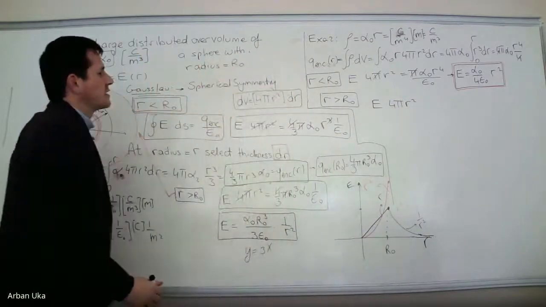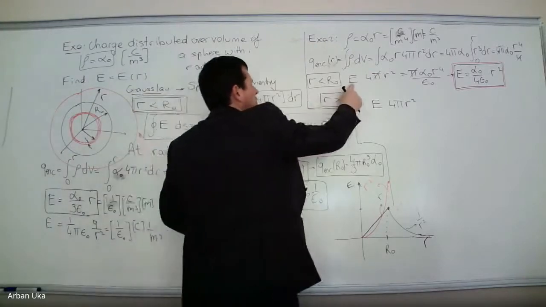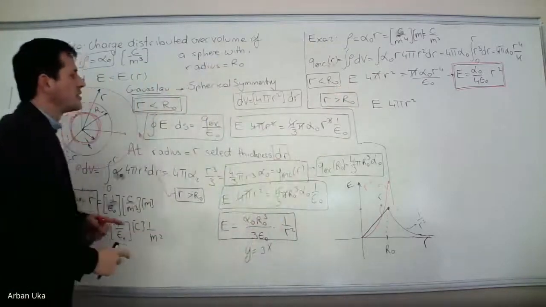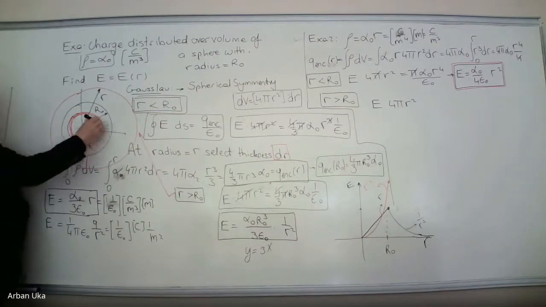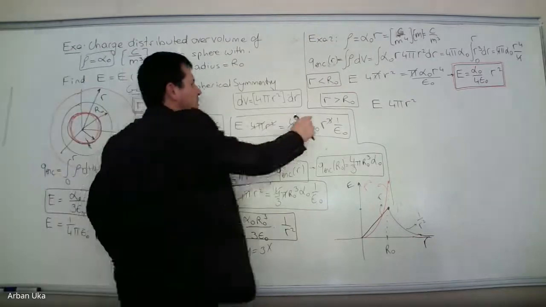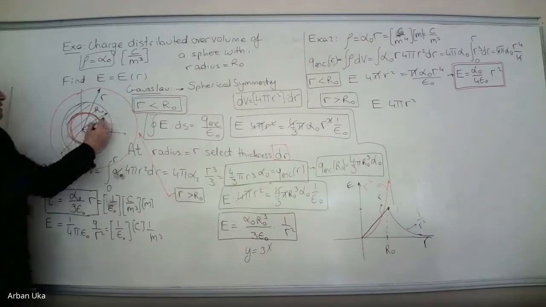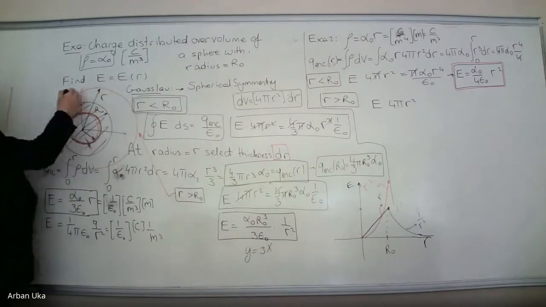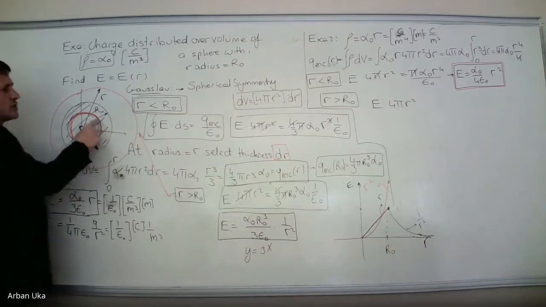But now, let's also remind for a moment, when we do this, the Gaussian surface is right here. This is the Gaussian surface when radius is larger than r0. Then the Gaussian surface is out here, which is much further than the outer radius of our object.